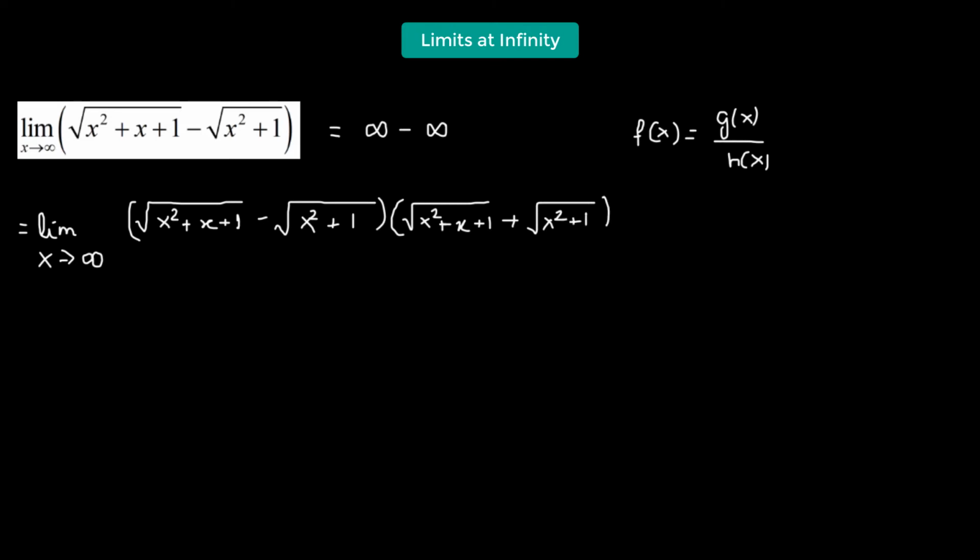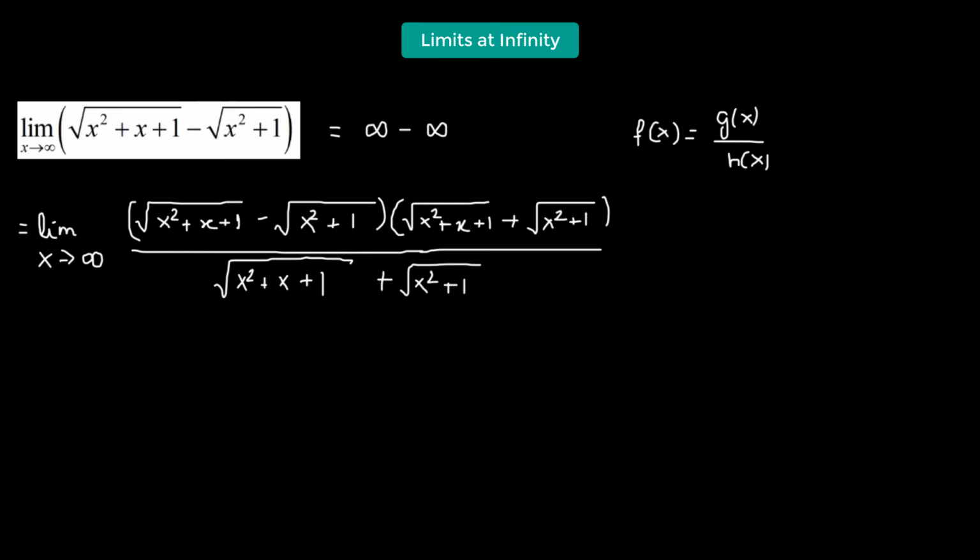So we have divided by the same conjugate. That would give us the square root of x squared plus x plus 1 plus the square root of x squared plus 1. So we have limit x going to infinity.